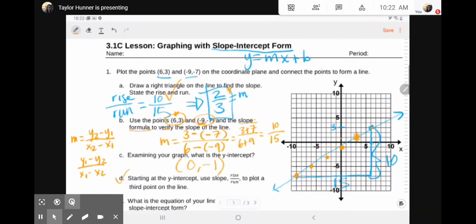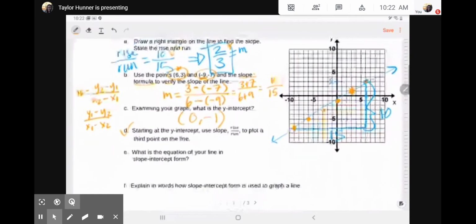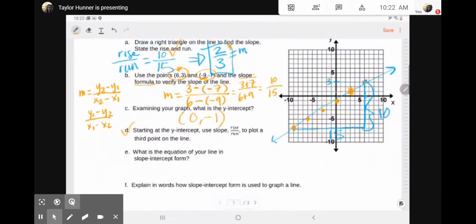Okay, so now it says, what is the equation of your line in slope-intercept form? So always just start by writing slope-intercept form. And then I'm going to write it in the simplest form possible. So my slope was 10 over 15, but we're going to write it as 2/3 simplified. And when it asks me to write an equation in slope-intercept form, I always want to have a y and I always want to have an x.